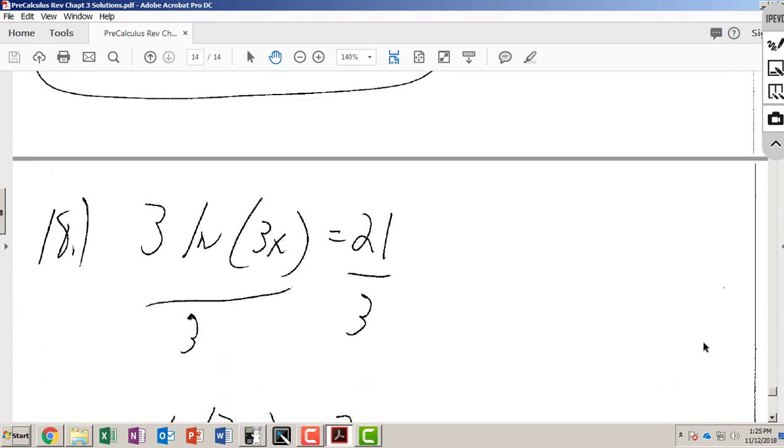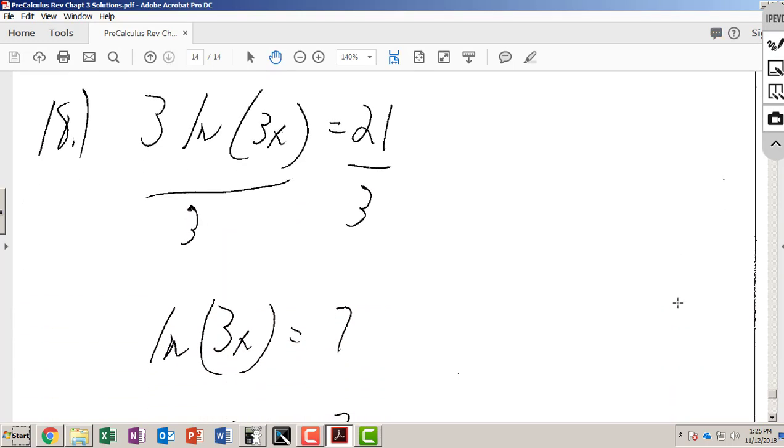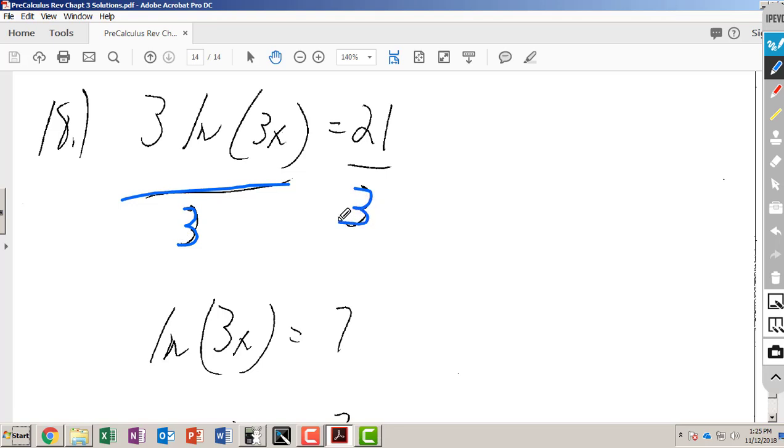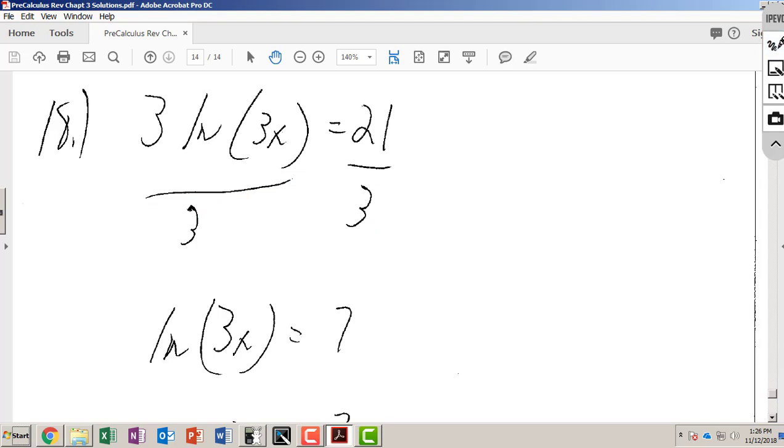Okay, on this last problem here, I've got 3 ln of 3x all equals 21. So getting rid of my algebra first, I'm going to divide both sides by 3. So I've got 21 divided by 3 is going to equal 7. So continuing on, I've got the ln of 3x all equals 7.